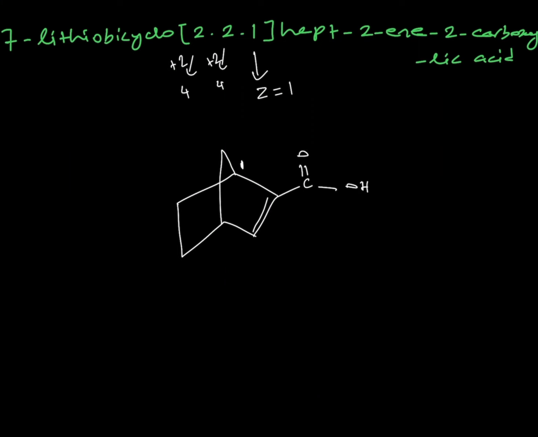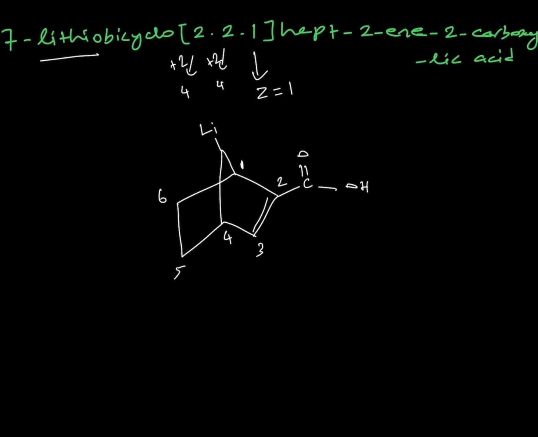So let's write that 1, 2, 3, 4, 5, 6, and then at 7 position we have a lithium atom, and that's why that lithio comes. So is that the correct structure? Yes, we have put everything. We have put the lithium atom.